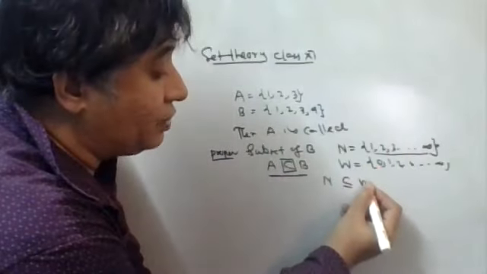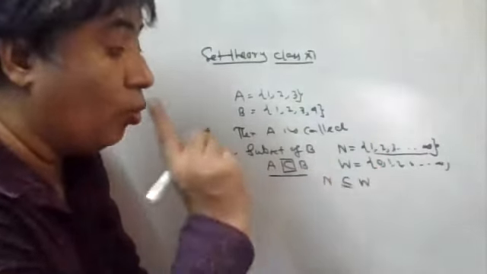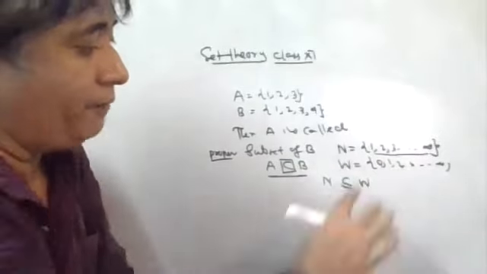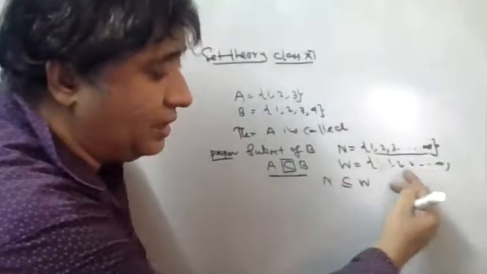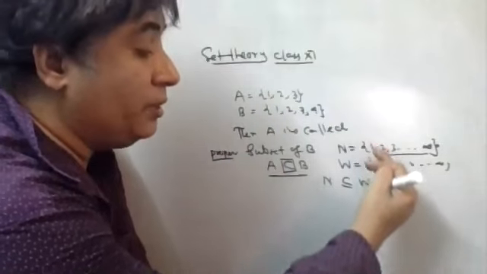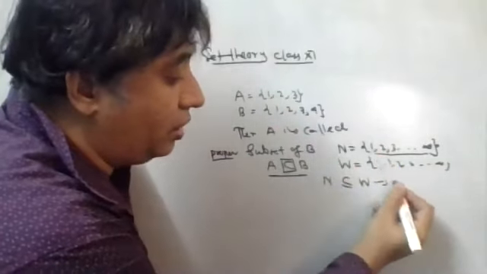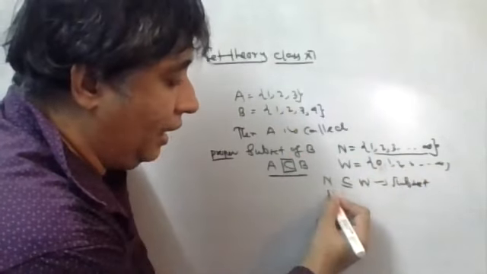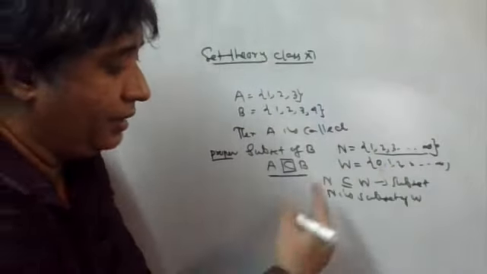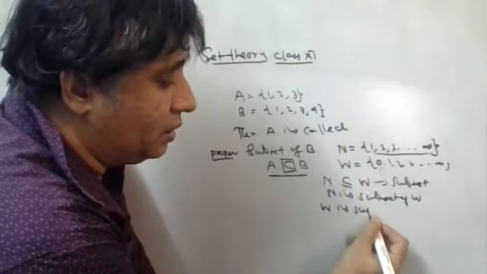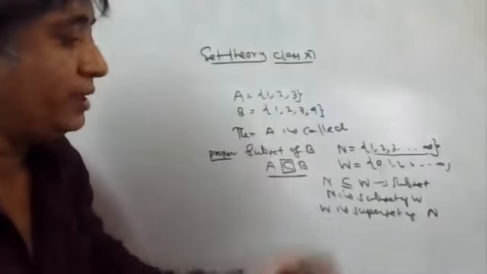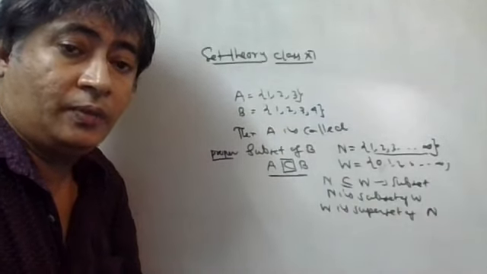So N is a subset of W, but there is one case for which N and W may be equal: if 0 is excluded from W. If you remove 0, then this is also the set of natural numbers, and there is the possibility of equality of N and W. So N is a subset of W, and W is a superset of N. Hope you understood.